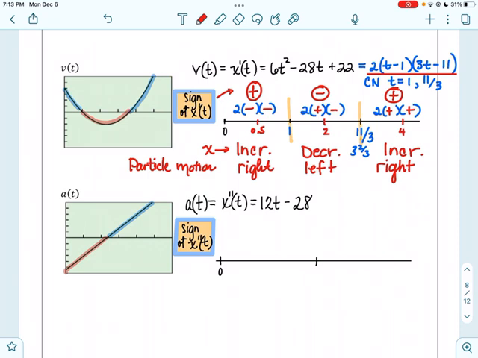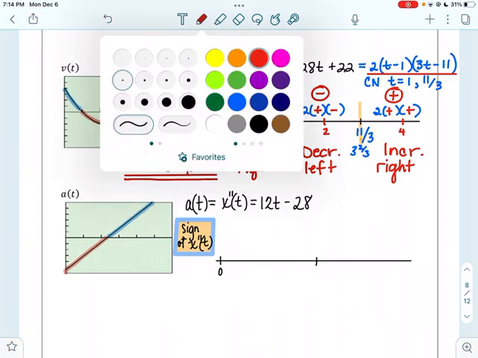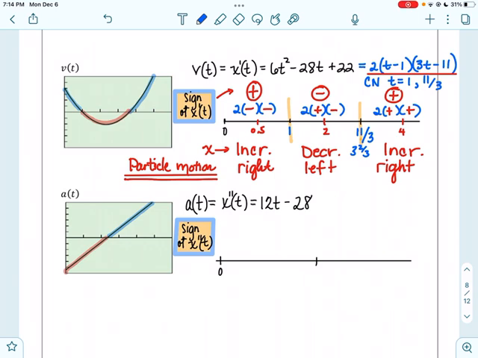Okay. And then we get to a of t. So a of t is 12t minus 28. So I'm going to pull out a factor of 4, right? And that leaves me with 3t minus 7. So I'm going to look at the critical numbers, I hate to use critical numbers with this because it's really not, but I'm going to call them the zeros of the second derivative.